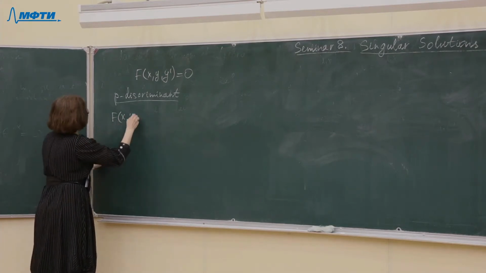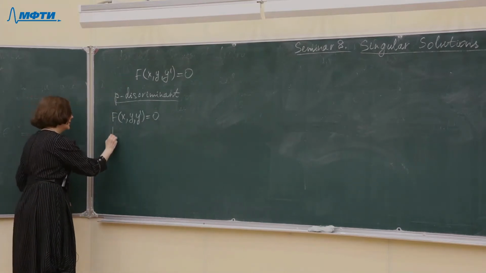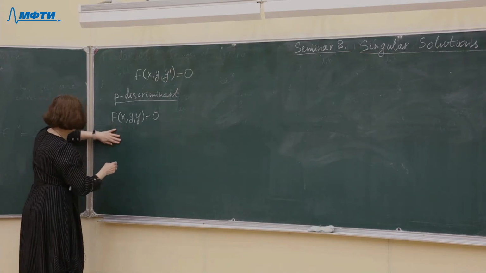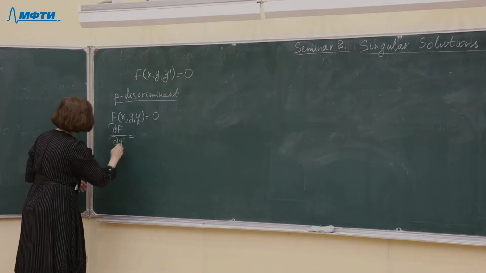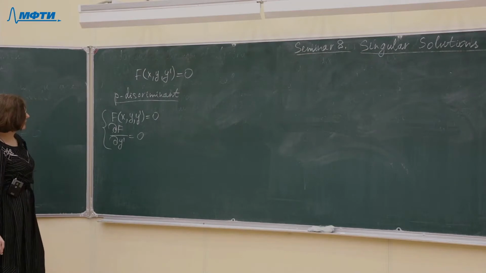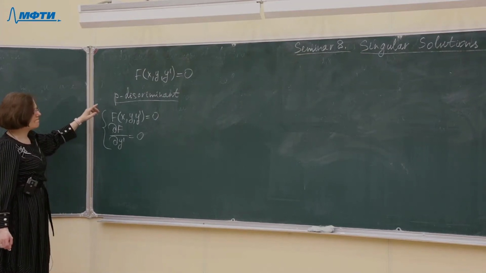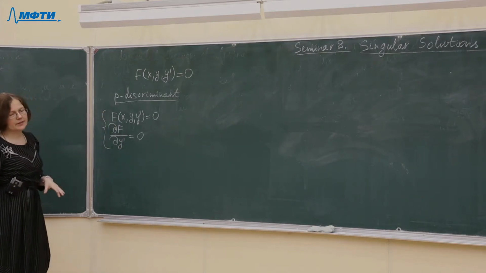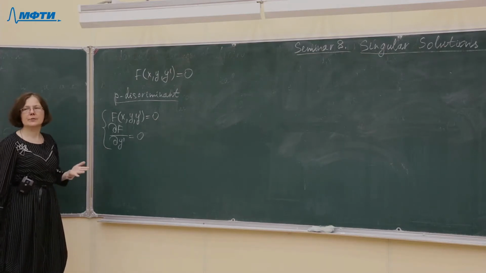So f of x, y, y prime equals 0, the original equation, and the partial derivative df over dy prime equals 0. The function satisfying these two equations is called the discriminant curve. It is called the p-discriminant.